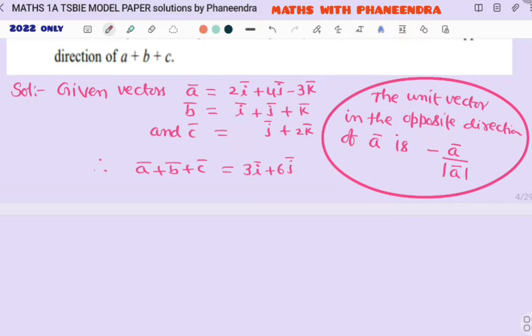So here the vector is not A bar, it is A bar plus B bar plus C bar.